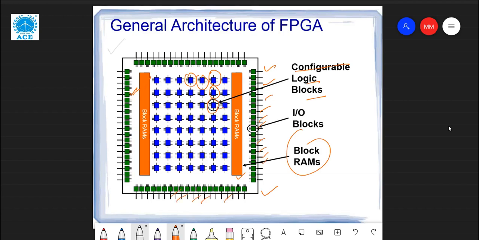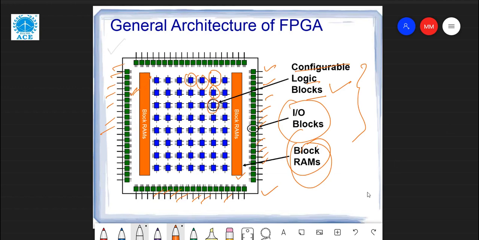Everything is programmable here. These logic blocks contain macro cells. So this is the basic architecture of the FPGA.